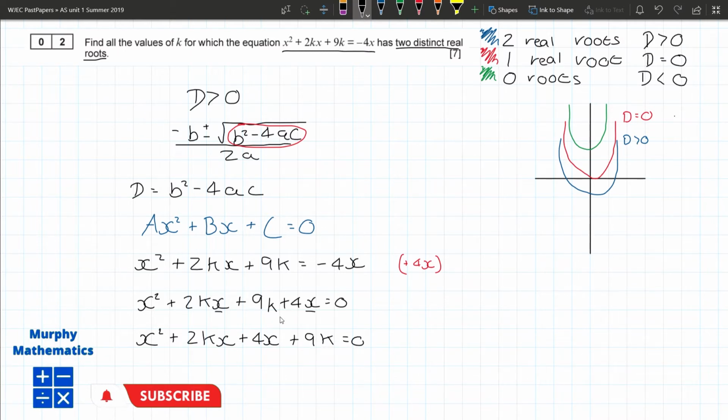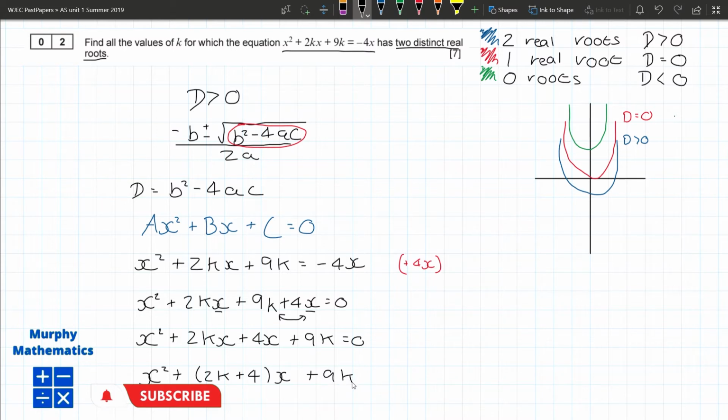All I've done is swap the positions of the 4x and the 9k, and it makes it easier to see how I can factorize the 2k and the 4. So we have x squared plus, here I'm going to have 2k plus 4, all times x, plus 9k.